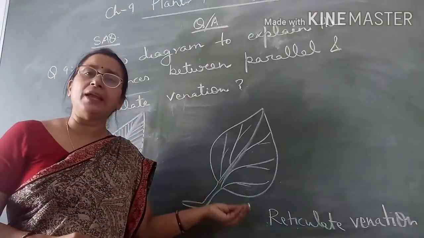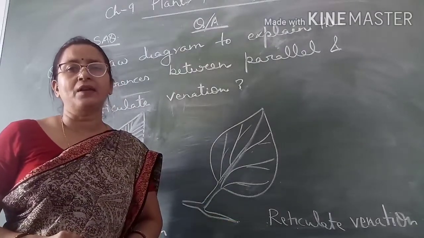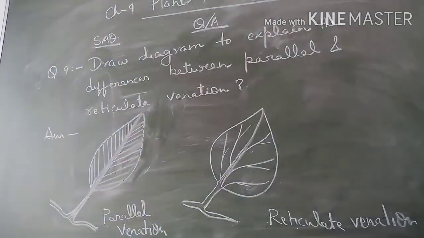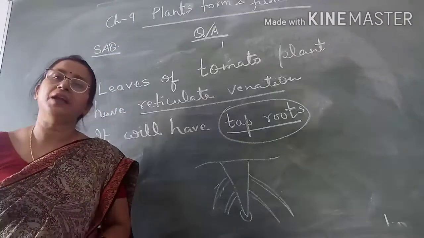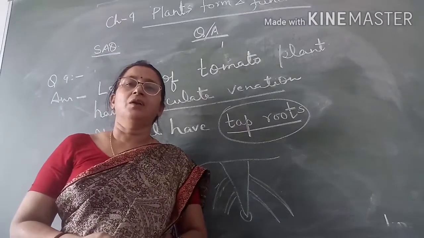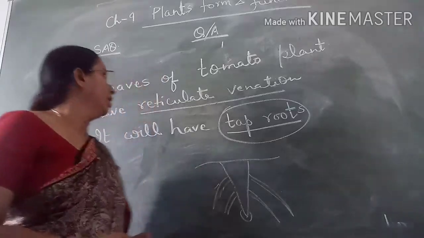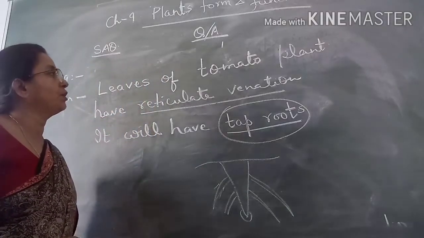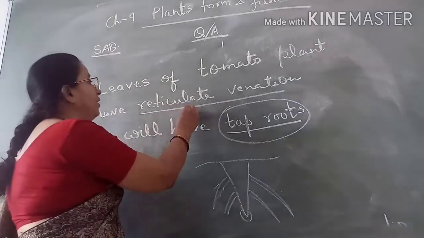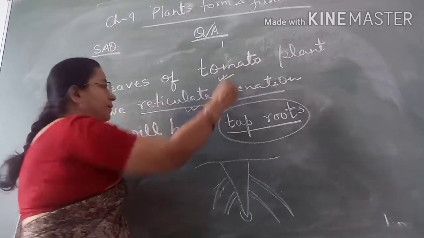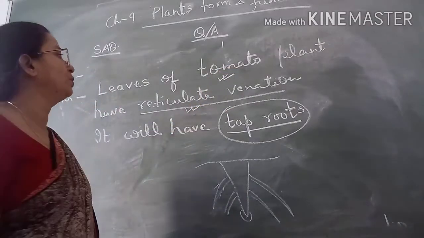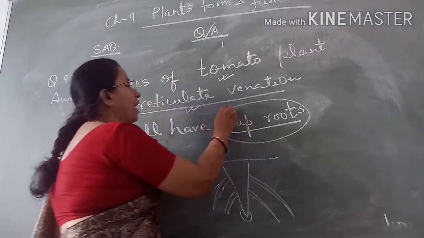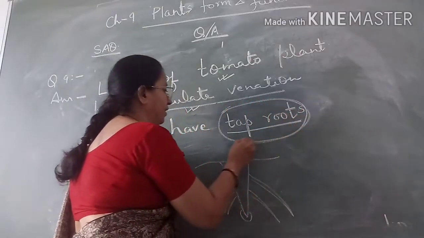Come to the next part of the 9th question. Next part: Neeru is observing reticulate venation in the tomato plant. How will she be able to find which type of root is present there?